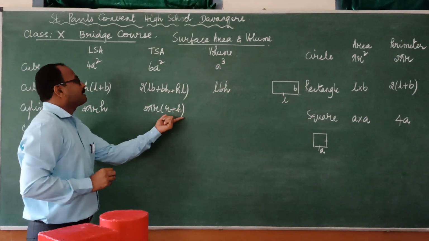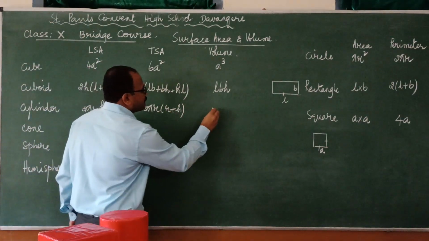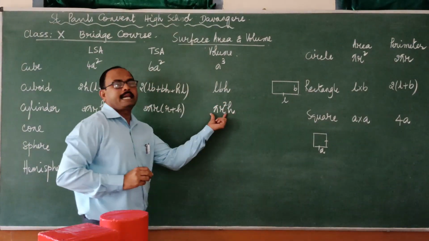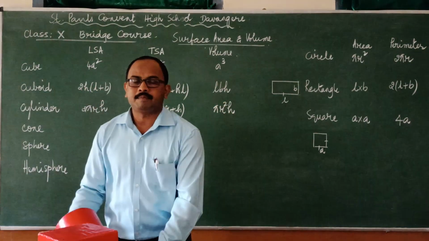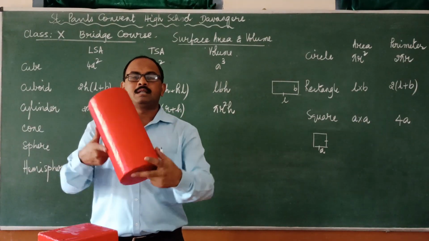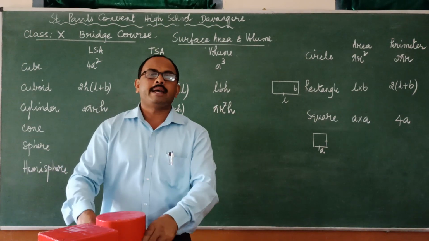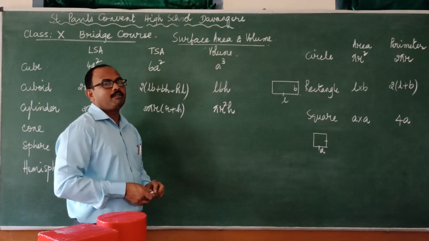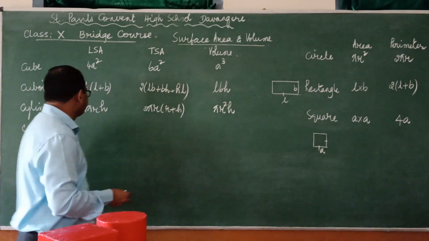Volume becomes pi r square h, children. The base area is pi r square, the base is a circle. Pi r square into height is the formula to calculate the volume of a cylinder.